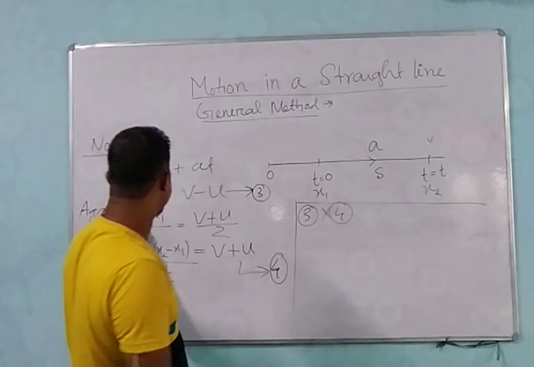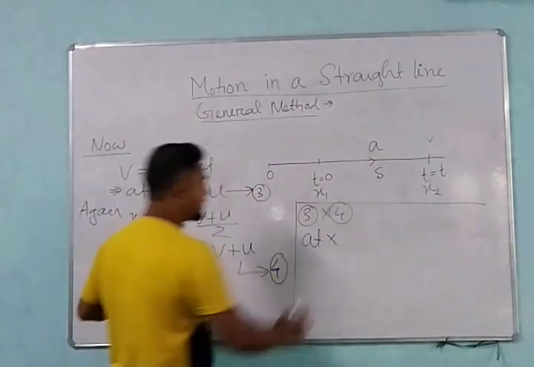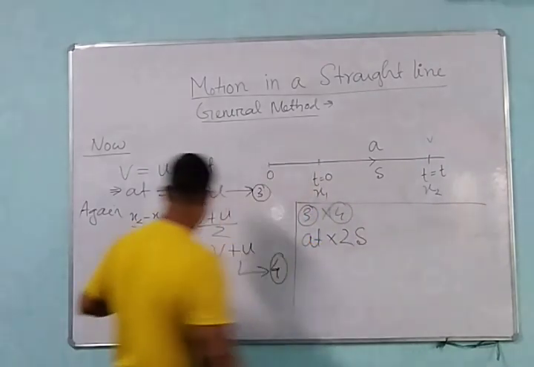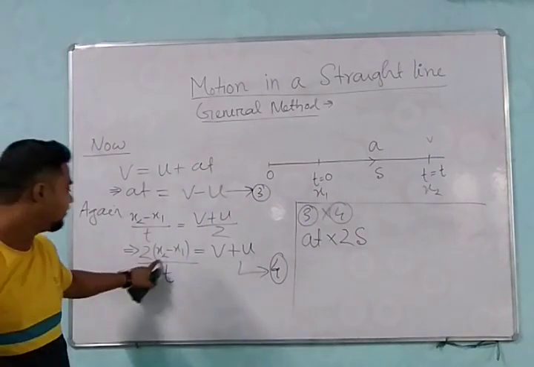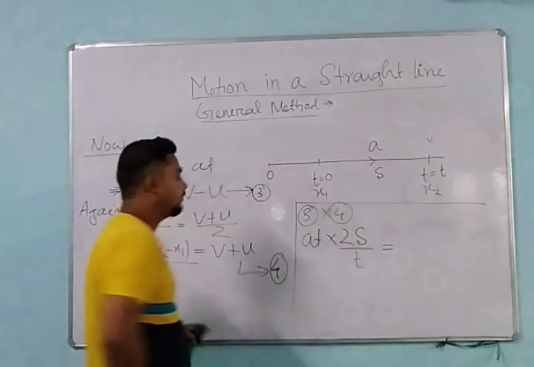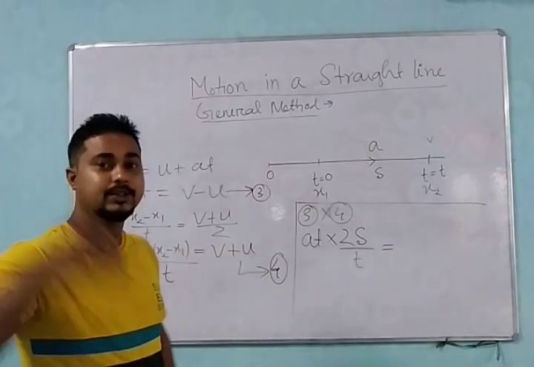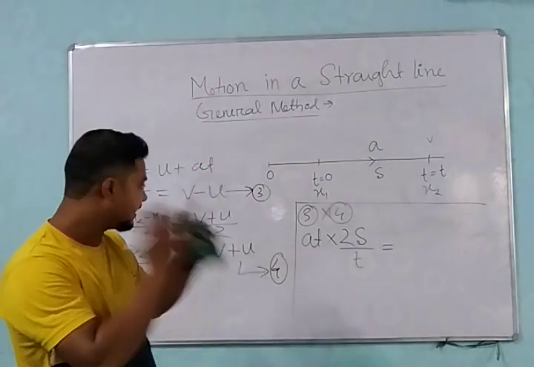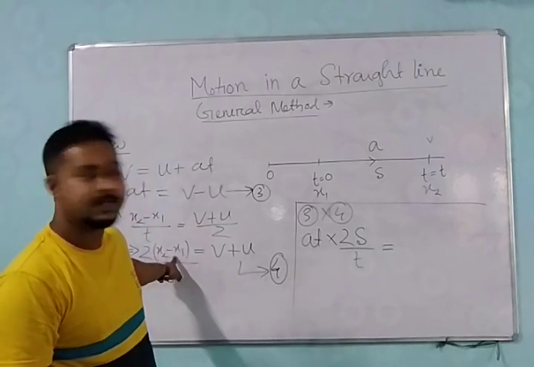Then in the left hand side it will be a into twice x2 minus x1, which is s, twice x2 minus x1 by t. Okay, so from equations 3 and 4, if we take their multiplication, we can write this expression: a into twice s means it is x2 minus x1 by t.